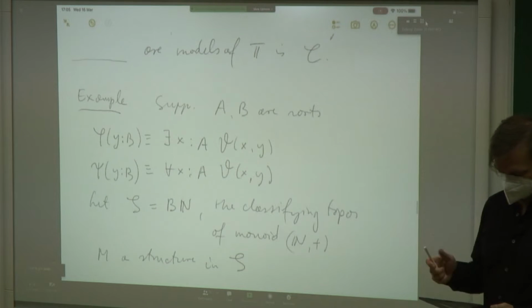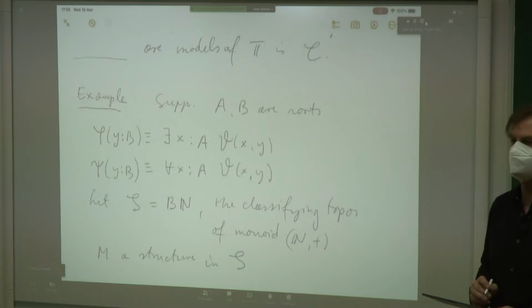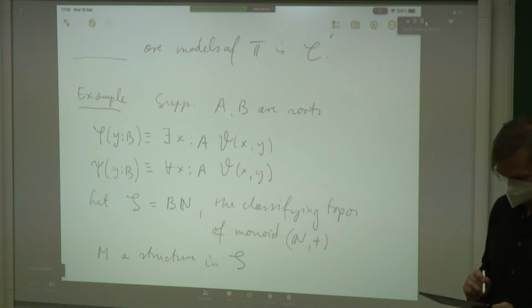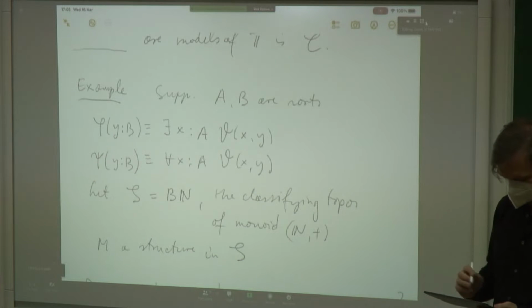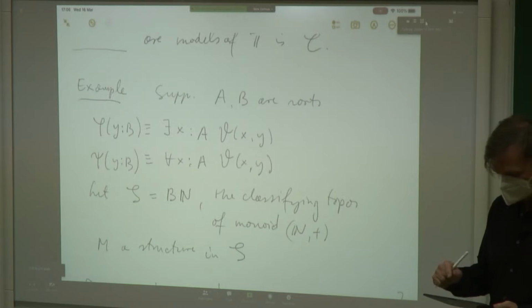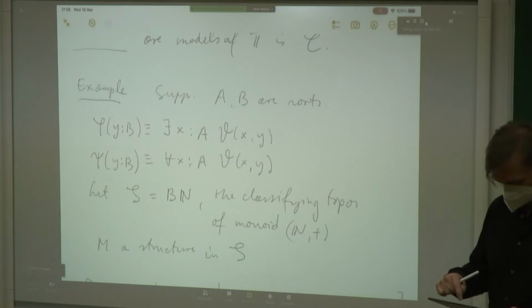And the topos that we're going to interpret these formulas in is, as I said, BN, the classifying topos of the monoid N plus. And you take M, a structure in S, and let's see what these interpretations look like.